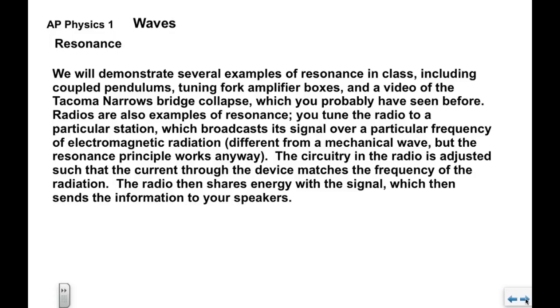When you tune a station on your radio, the circuitry in the radio is adjusted such that the current oscillates with the frequency that matches the frequency of the radiation. Then the radio shares energy with the signal, or accepts energy from the signal, and then sends the information to your speakers, which you hear as music.